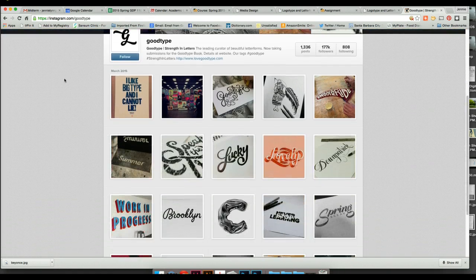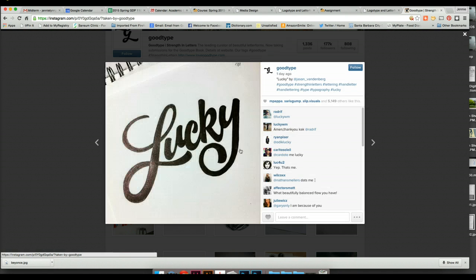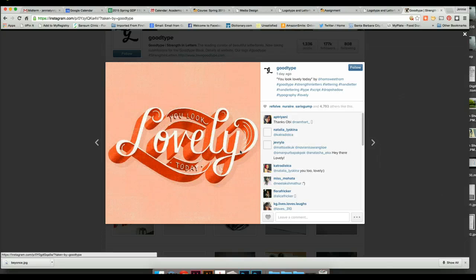Okay. So you can see there's a bunch of different ways. Here, this is just ink on paper, right? But it's beautifully done. And this is also hand done, but it also looks like it was manipulated a little bit in a digital way, probably a little bit of Photoshop to help clean it up.